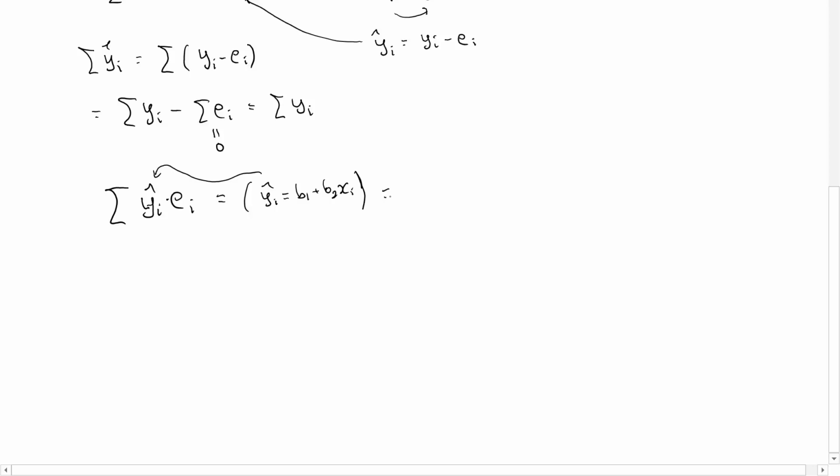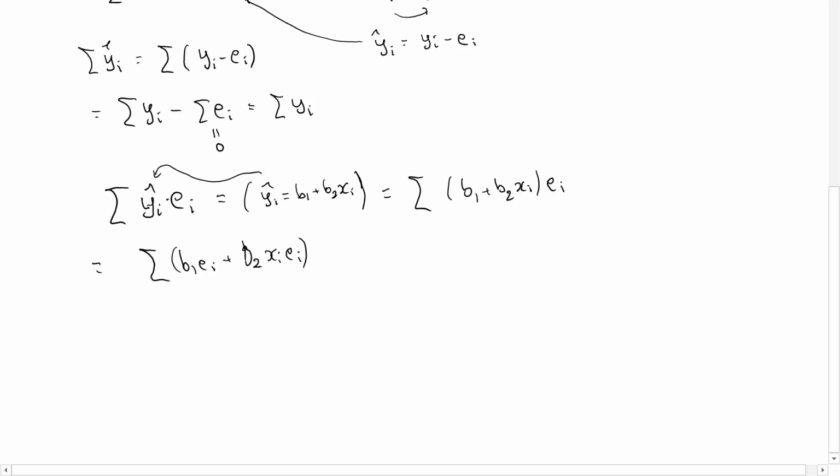So this sum is sum of b1 plus b2 xi times ei. Open the parenthesis: it's sum b1 ei plus b2 xi ei.